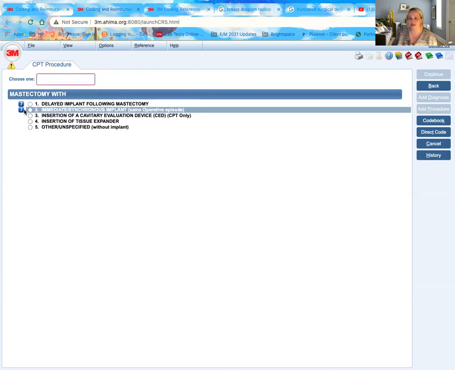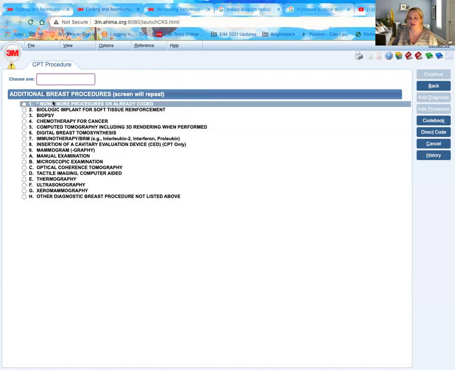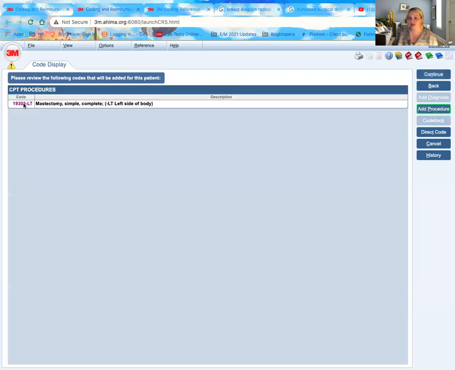This is of the left breast. Again, there's no clear definition that the delayed reconstructive surgery is an implant. There are no additional breast services. And so here I can see 19303 with the LT modifier. The only thing 3M does not identify for me is the need for the modifier 51. And so that's up to you as the coder in your CPT codebook to identify.